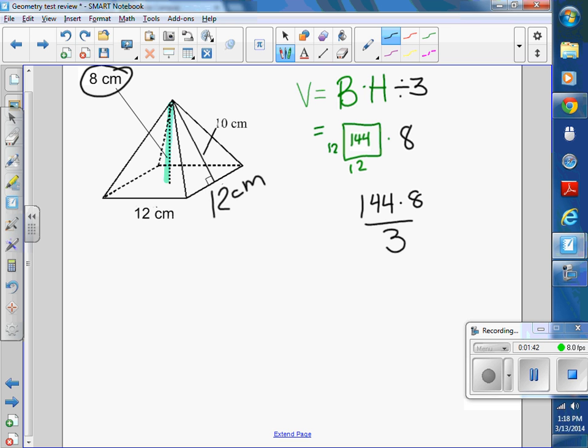Okay? So 3 goes into 144, you guys. So 3 goes into 14 how many times? 4, right? And that's 12, and the remainder is 2. 3 goes into 24 how many times? 8. So 48 is the same as 144 divided by 3, times 8. Okay?